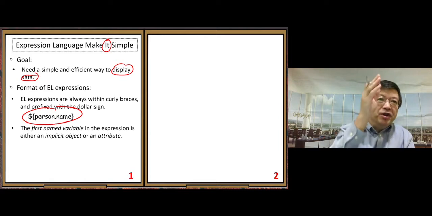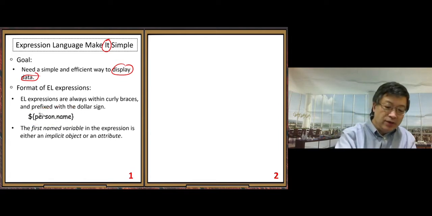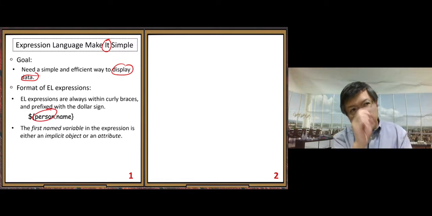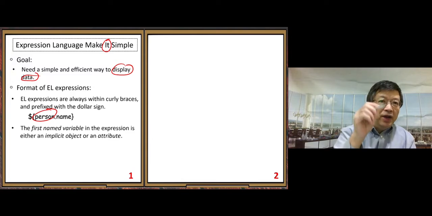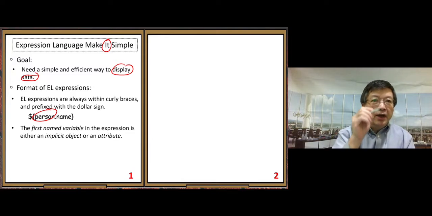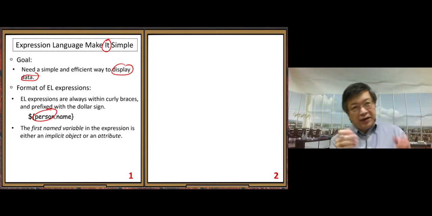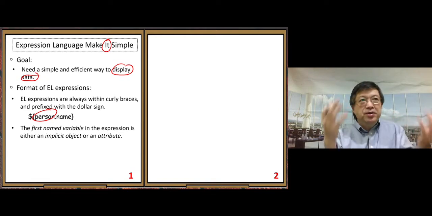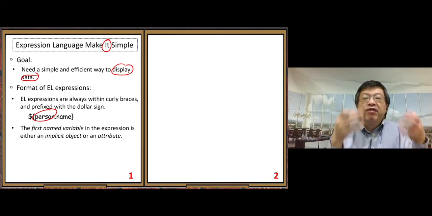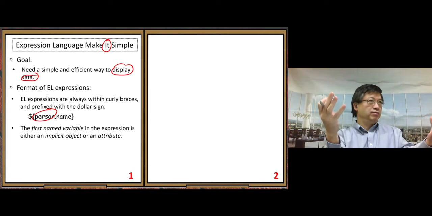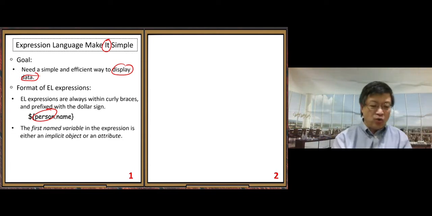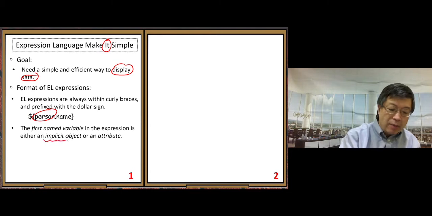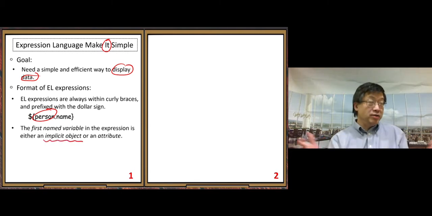The first named variable. Here, two parts, right? Person dot name. Person we call the first named variable in the expression. It is either an implicit object or an attribute. Here it tells you what can be used as the first named variable. Two possibilities. The first one is a JSP implicit object.